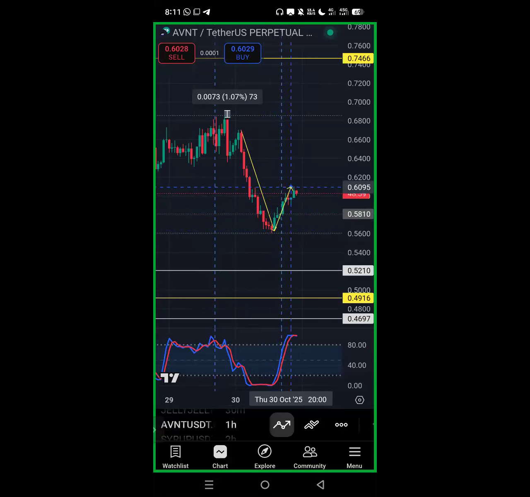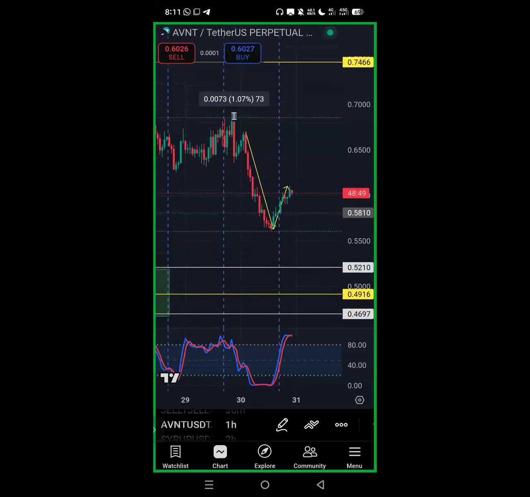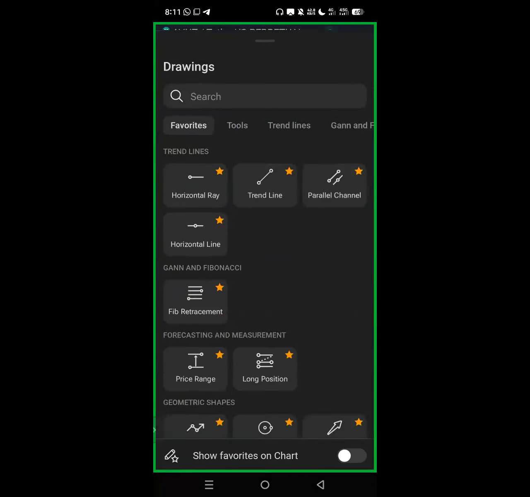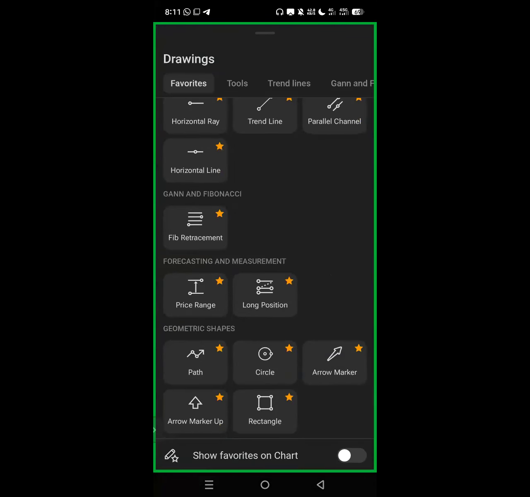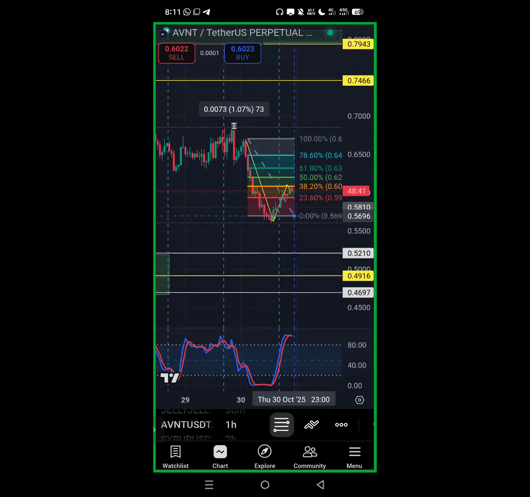Now, in the look of this movement, let me try to drop this and capture this movement.